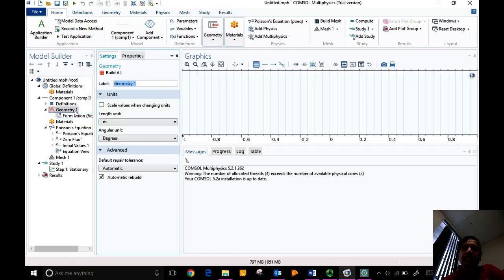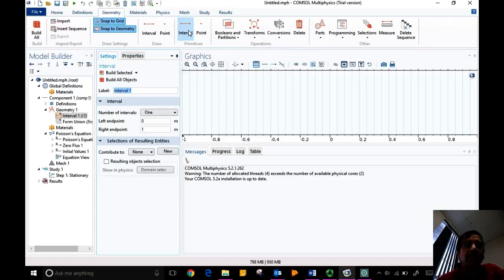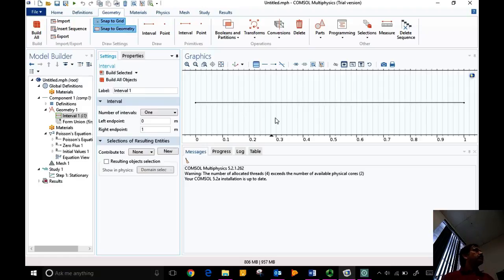So the process is I first define my geometry, and the way that I define my geometry is by going here for interval. When I pick interval, it says left edge is at 0, right edge is at 1 by default. So I just say, okay, I'll accept that and build the object. It immediately puts a line that goes from 0 to 1.